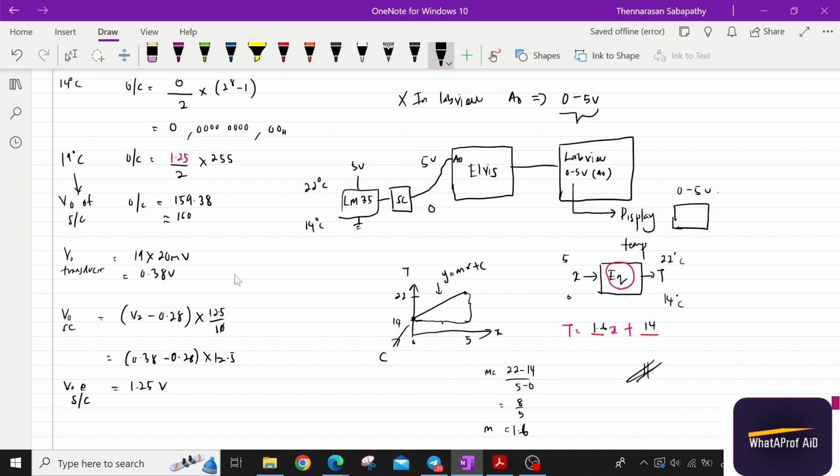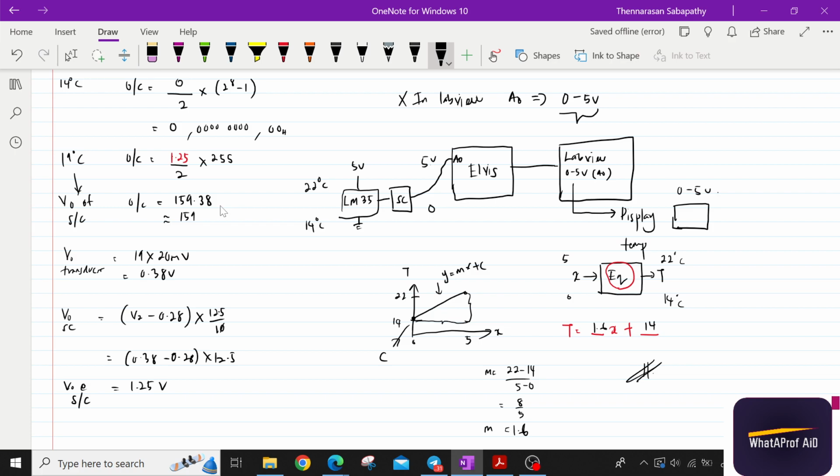Round off to 159. Even if you have like 159.6, you'll choose 159, but I don't want to confuse you over there. Just choose 159 as the output code.